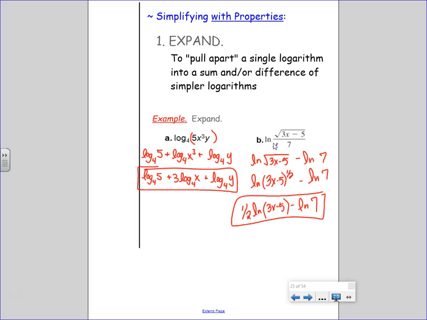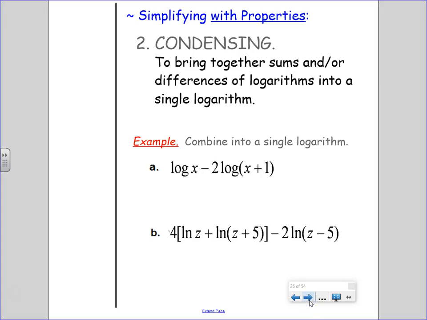Now, that's expanding. We're going to end with condensing. Expanding, pull it apart. One log with a very condensed argument, lots going on, needs to be pulled apart. Condensing: it's all spread out and I have to bring it together.